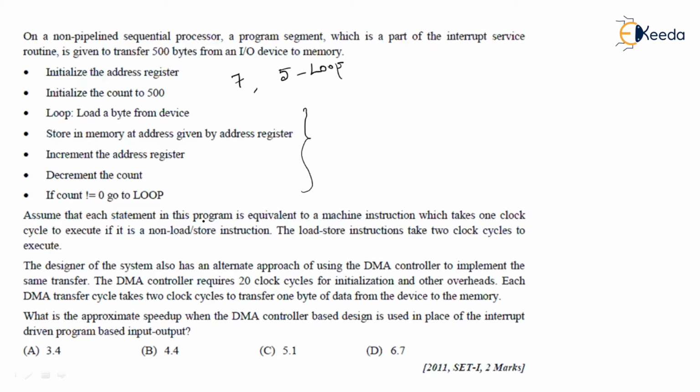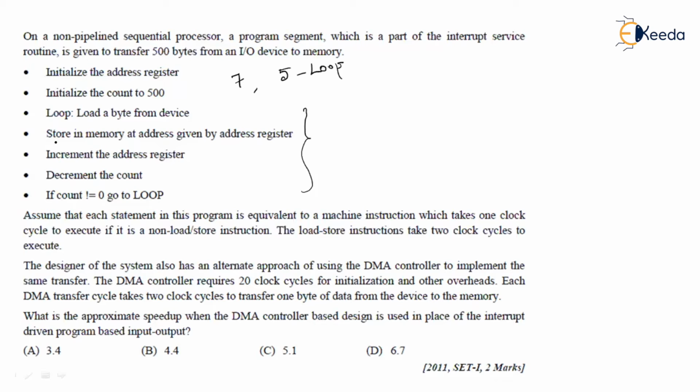Assume that each statement in this program is equivalent to a machine instruction which takes 1 clock cycle to execute if it is a non-load and store instruction. The load and store instructions take 2 clock cycles to execute. Here he said all the instructions will take 1 clock cycle each, except load and store instructions.